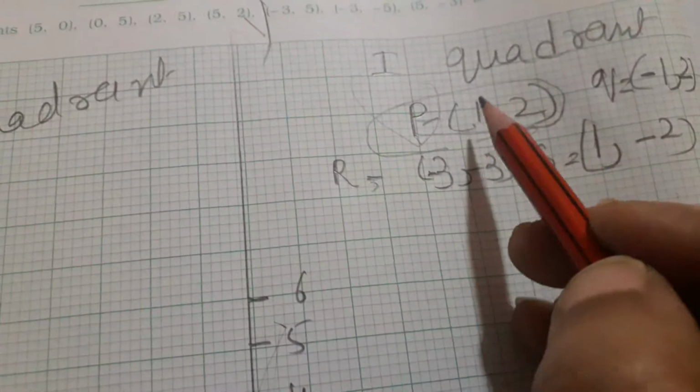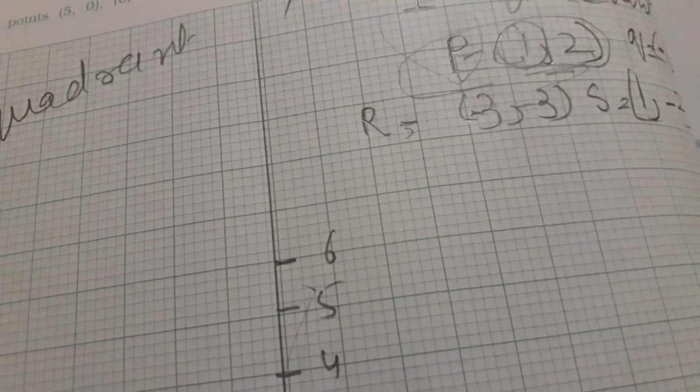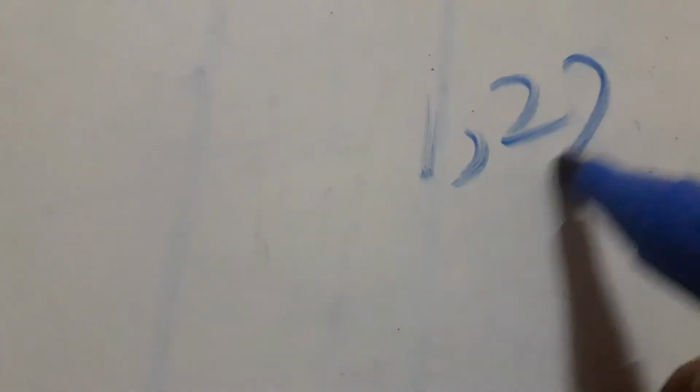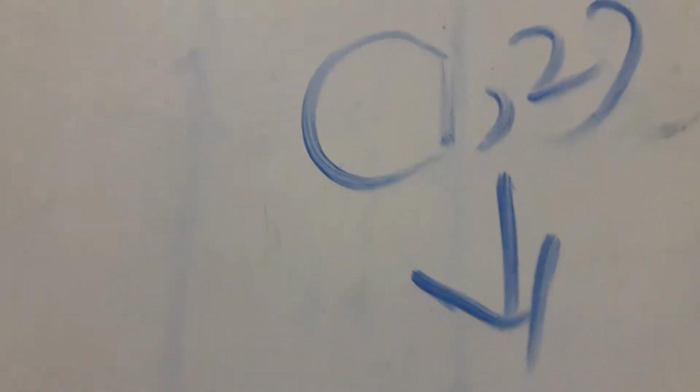The first number represents x and the second number represents the y value. So this we have to represent on the graph paper.